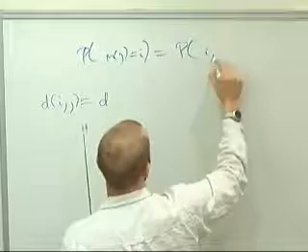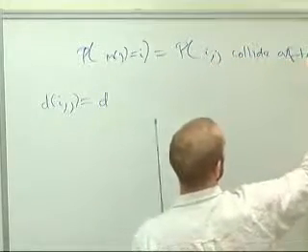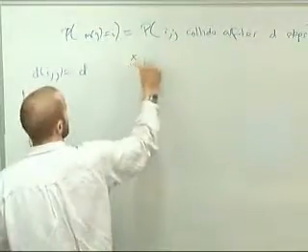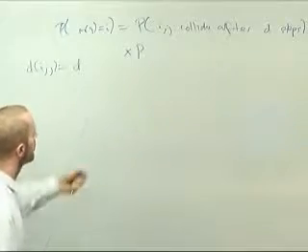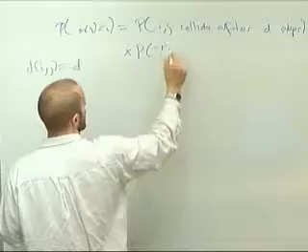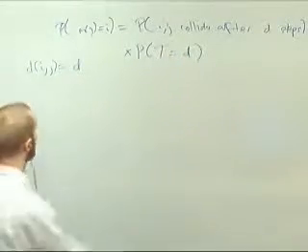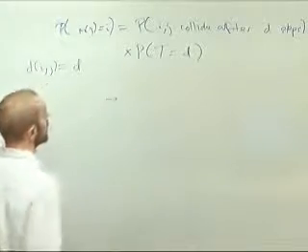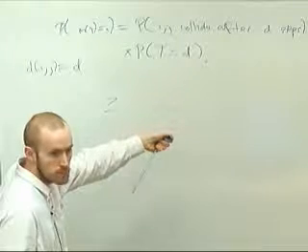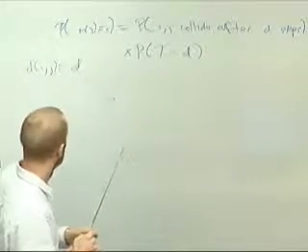So i and j collide after d steps. But then you also have to have the fact that the time t, after which you start matching things together, also has to take the value d. So you bound this above by the probability that they collide exactly at the stopping time. So this has to be the first collision after t.